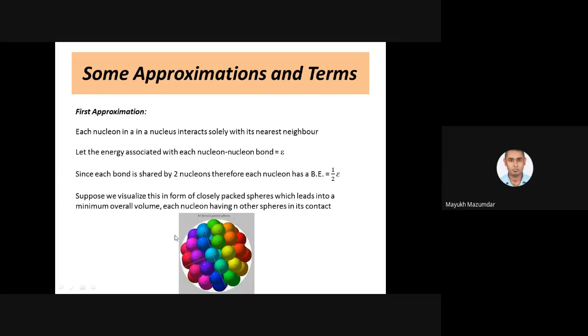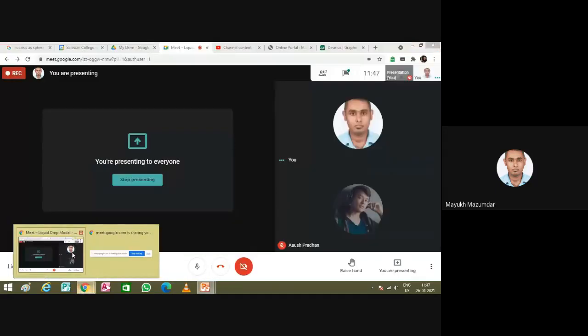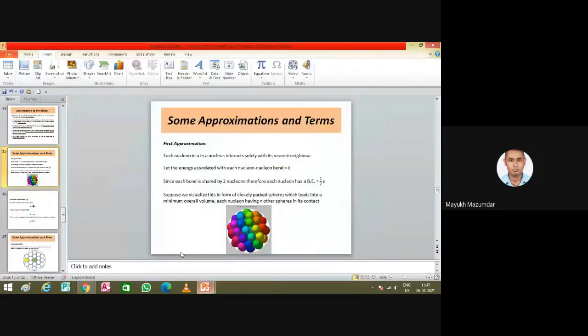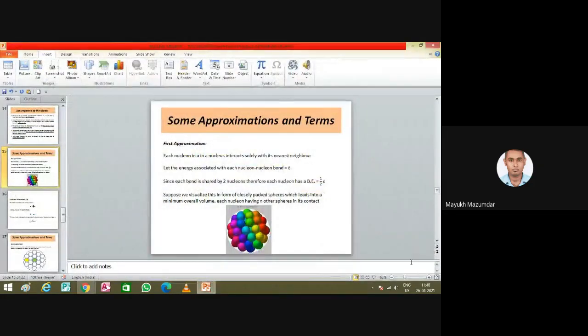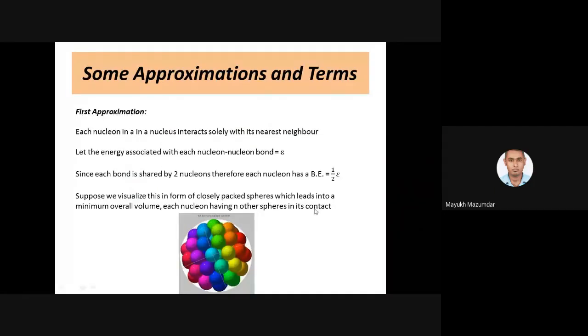It is assumed that the nucleons in the nucleus are tightly bound with each other, which gives the nucleus a spherical shape, so that the volume of the nucleus is minimum. Is it okay? Yes, sir, it's okay.